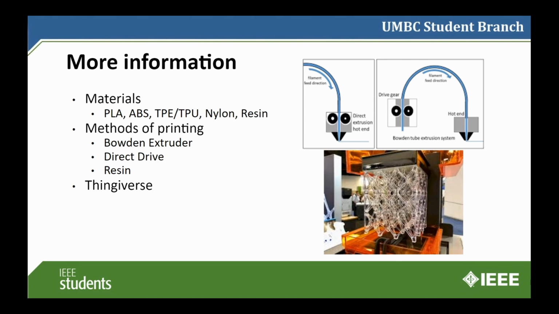Nylon is a rarer type of material, and so you have to get a special 3D printer, and then resin. I have a regular 3D printer, but I want to get a resin 3D printer. Resin 3D printers are, in my opinion, a lot better. You can get a lot smoother prints. The challenge that I would have with my 3D printer would be just trying to get those layers small.